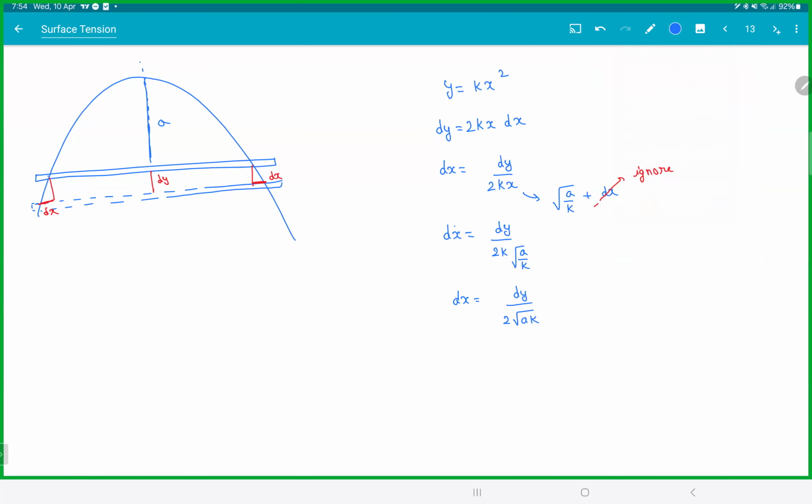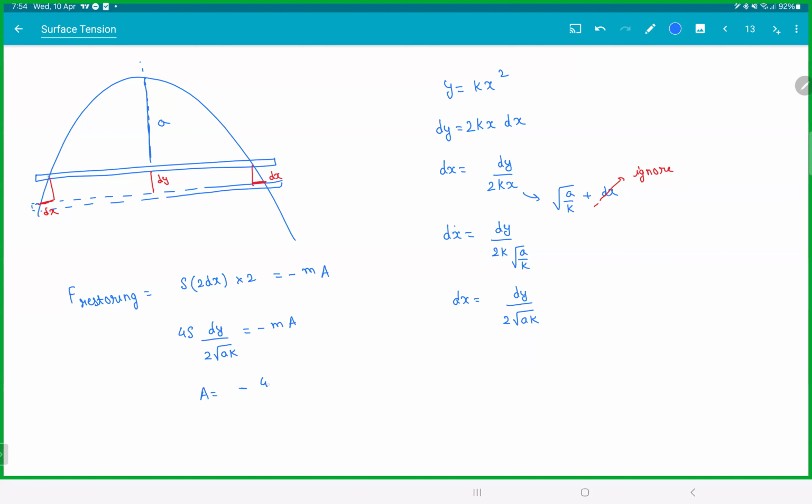So that means whenever you pull the rod by dy, the length of the rod will increase by 2 dx. So the restoring force will be surface tension into 2 times dx into 2, because there are two surfaces, is equal to minus mass into acceleration. So this is 4s, and that will be dy by 2 root ak, is equal to minus Ma. I will write this as capital M because you're already using small a.